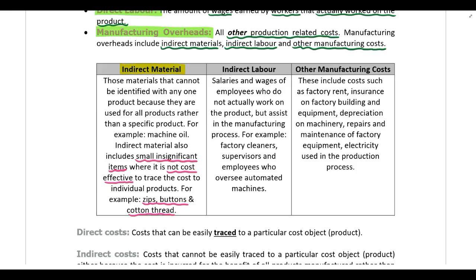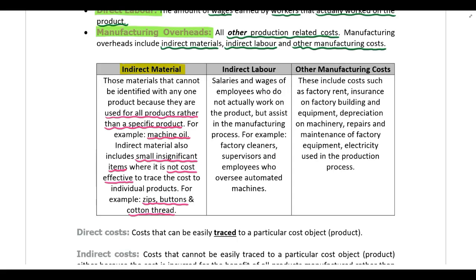In addition to that, indirect material is also material that can't be traced to a specific product because it is used for all products rather than a specific product. So for example, machine oil. Let's say the company needs to buy oil for the sewing machines that are used to manufacture the denim jeans.